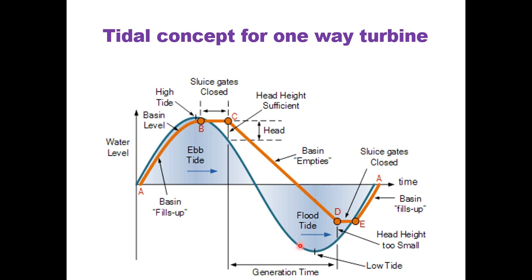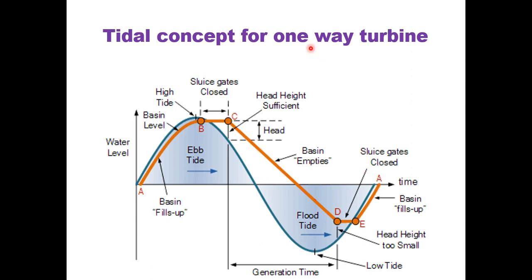When we reach the negative crest of the water level, the low tide period will start. At this point the head height of the single basin is too small, so the sluice gate must be closed, and again the same cycle will start for filling up the basin.